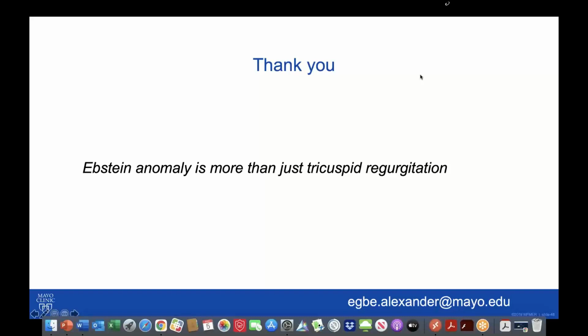But over time, there's the net effect of that volume and pressure in the right atrium that drives the remodeling. And by the time they come to us, the RV damage is already done. That's why it wasn't helpful, because almost everybody had a bad RV and severe TR.